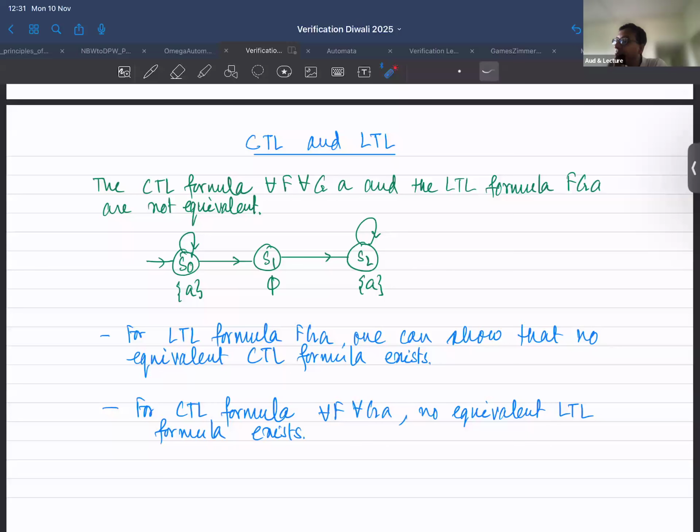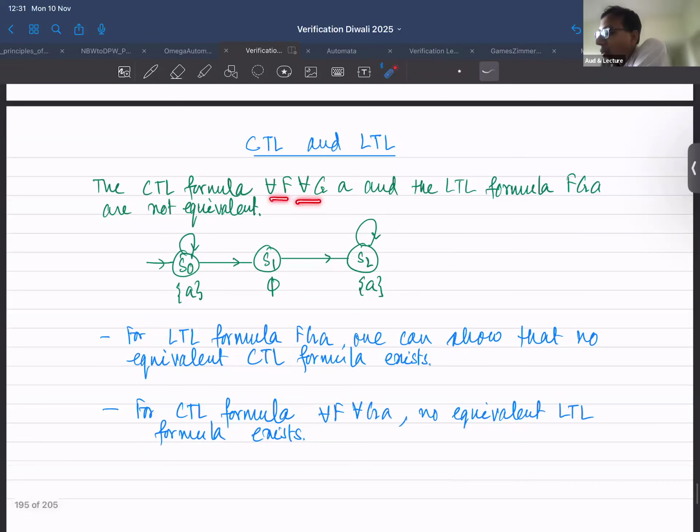Now let's see, here I have some more examples. I say for all paths, eventually, for all paths globally A. And consider the LTL formula FGA. By the above theorem, if you have an equivalent LTL formula, it should be of the form FGA. Now look at this Kripke structure.